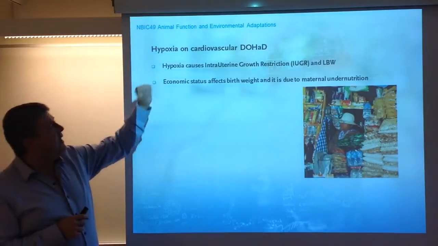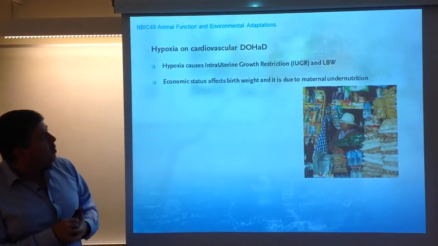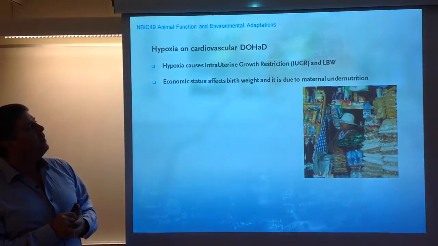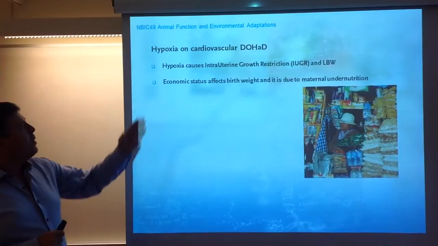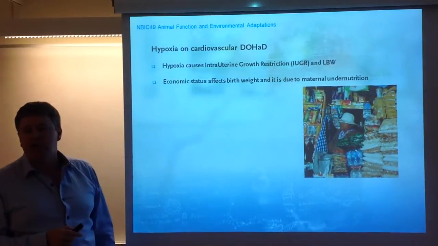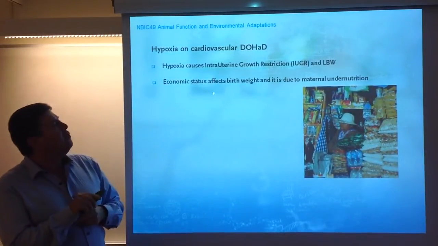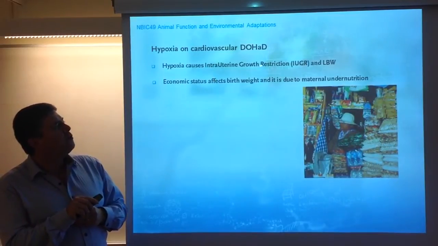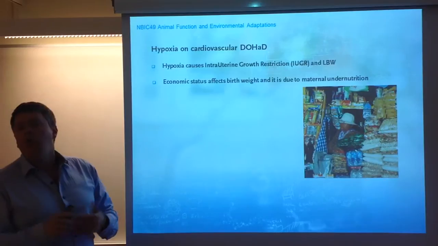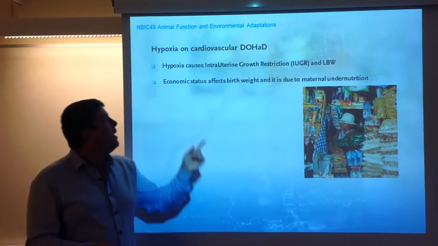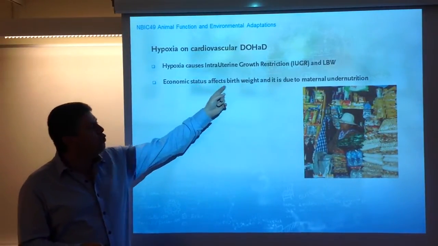And finally, the effects. I want to talk about the effects of hypoxia on the developmental origins of health and disease, in particular looking at the cardiovascular system. We know very well that hypoxia causes IUGR. IUGR stands for intrauterine growth restriction, and it also causes low birth weight. Of course, no one is going to be surprised to know that the economic status also affects birth weight.